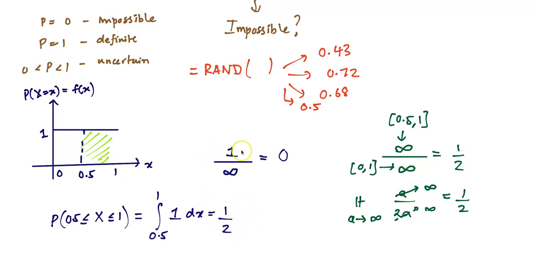Whereas in the first case, when we considered the probability of x taking the value just exactly 0.5, that was just one particular number out of infinitely many numbers, and so that equals 0, right?